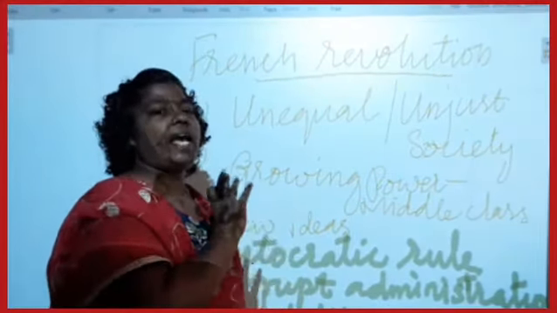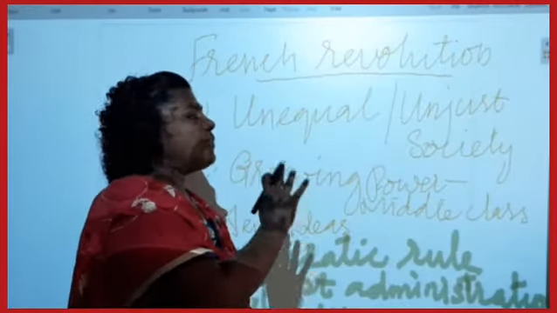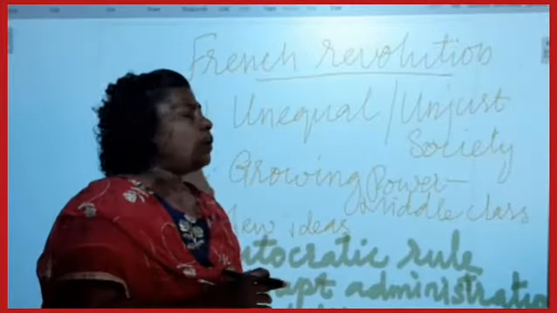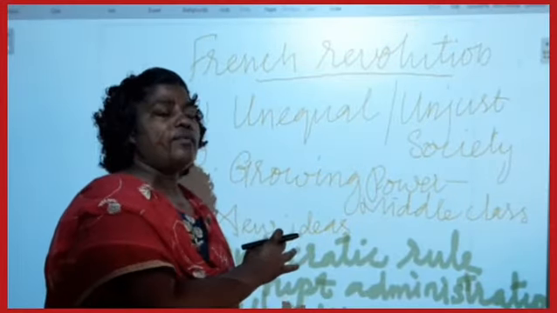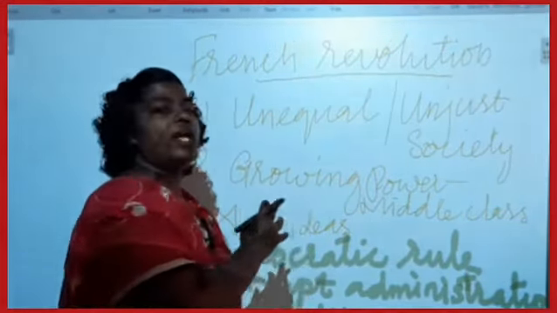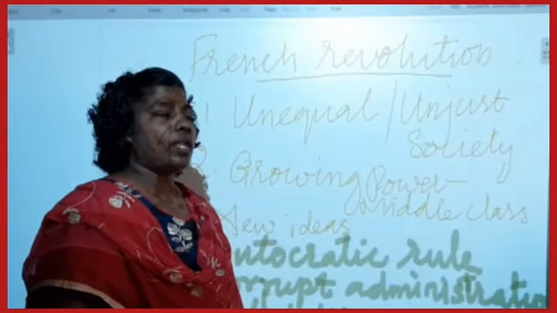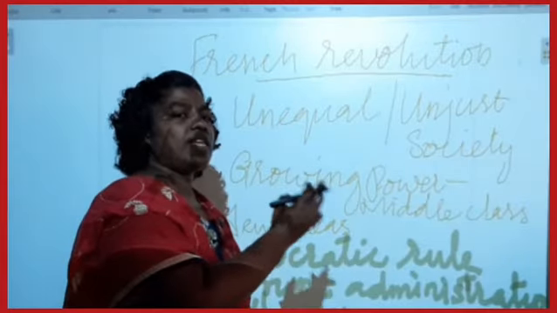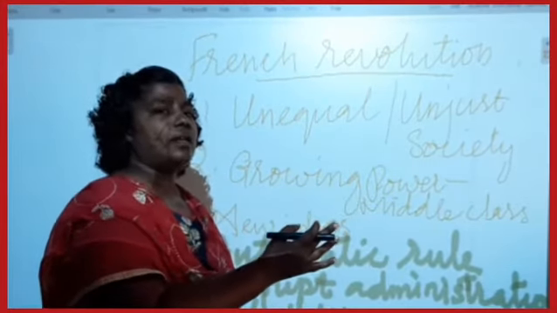So the burden of tax was not given to the first and second estates. And they lived a luxurious life. There was a vast difference between the first, second and third estates.